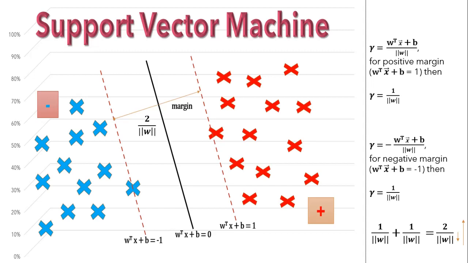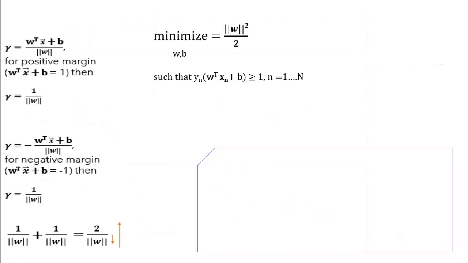So let's flip this margin term and minimize this complete function. But we also ensure that data is correctly labeled by looking into the constraint such that y times (W transpose x plus b) is greater than or equal to 1, as this quantity will be greater than or equal to 1 only if all the points are on the right side of the line.